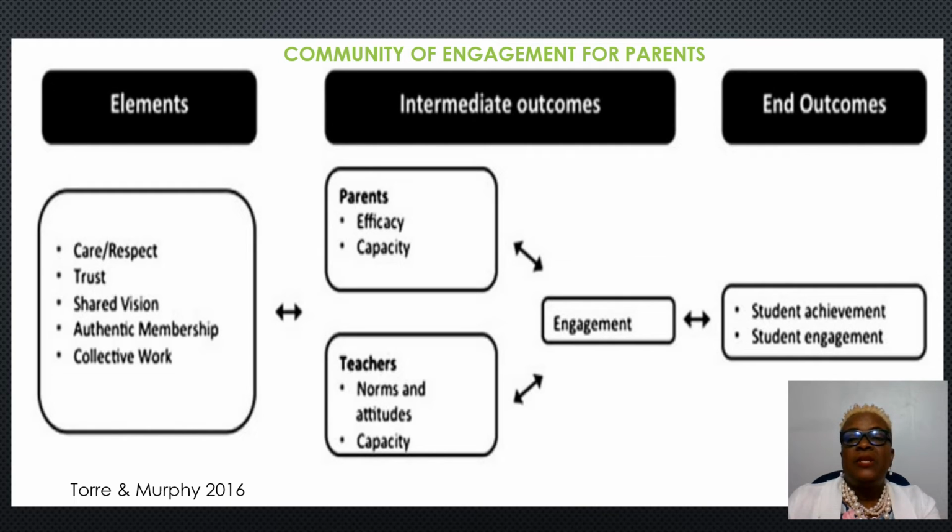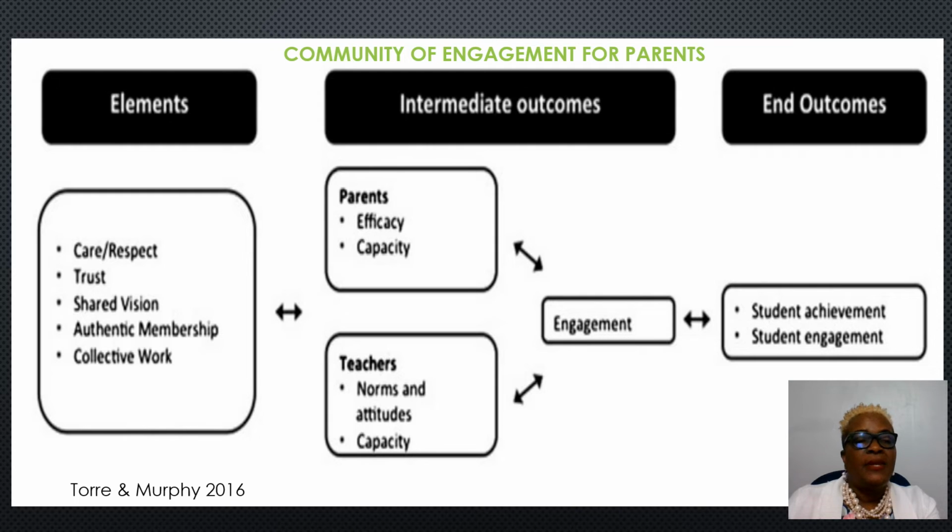And with these intermediate outcomes acting as engagement, we will have the end outcome of student achievement and student engagement. Thus, this model could, as I said, work in tandem with the third aspect of the parenting in the theory of action proposed earlier, whereby we're looking at building trust.